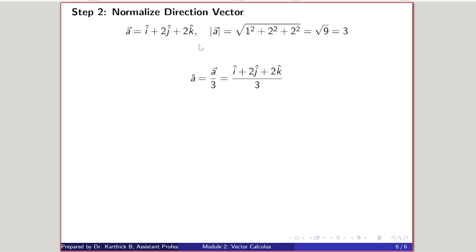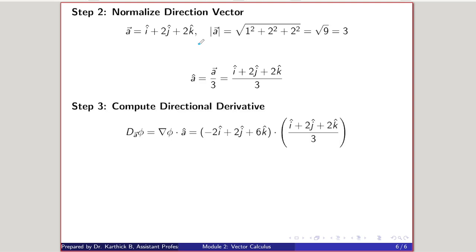We substitute the value of a vector and the modulus, which is 3. Therefore the directional derivative is gradient phi dot a cap. In the multiplication, ii becomes 1, jj becomes 1 and kk becomes 1, with the same coordinates. So finally I am getting this as 14 by 3.